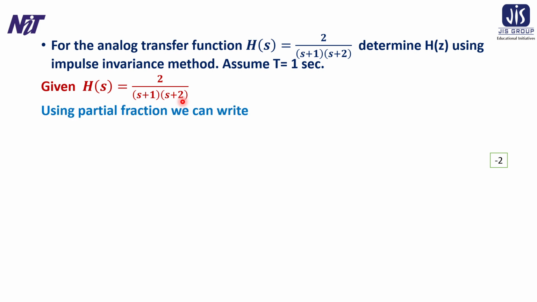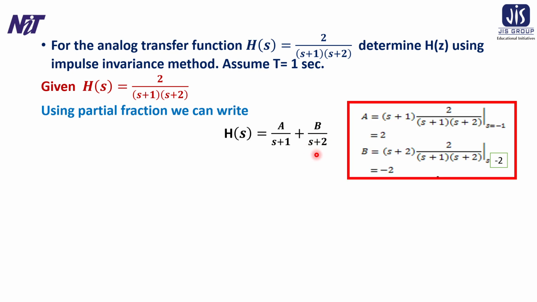So using partial fractions, we can write that H(s) equals A by s plus 1 plus B by s plus 2. Now, how do we find the values of A and B?